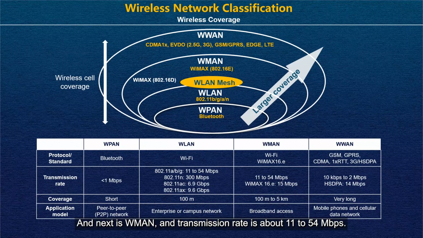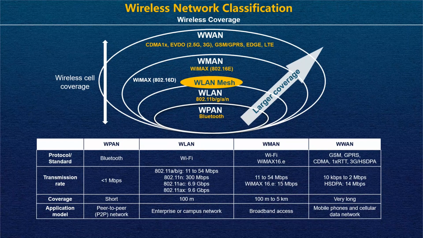And next is WMAN, and the transmission rate is about 11 to 54 Mbps. And the coverage is 100 meters to maybe 5 kilometers. It is mainly used in broadband access. And the one which has the largest coverage is WWAN.